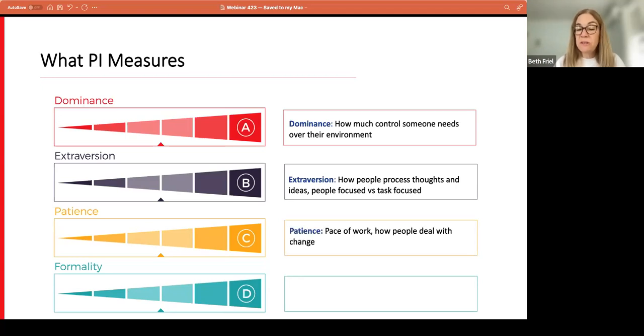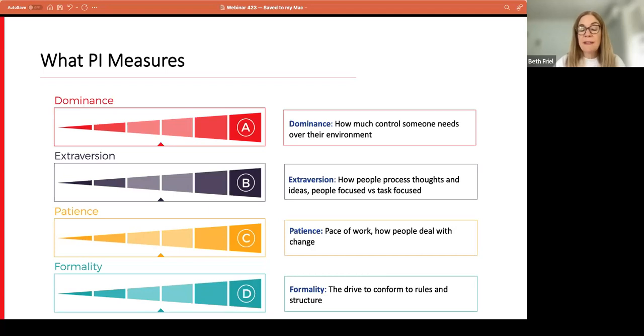C is patience. High amount of C, I like to have a steady pace of work, few interruptions, and I need to understand why something needs to change if it has to change. Lower amount of C, creator of change, like fast-paced work, lots of multitasking, lots of different things. They can thrive under pressure, not tremendous pressure, but they're motivated by it.